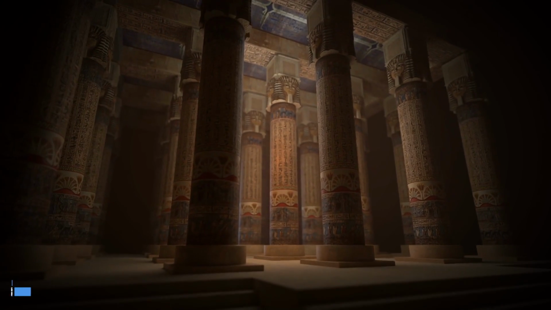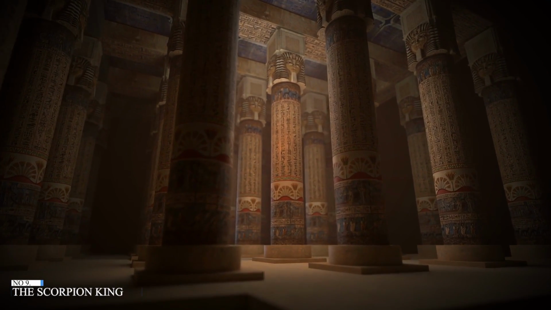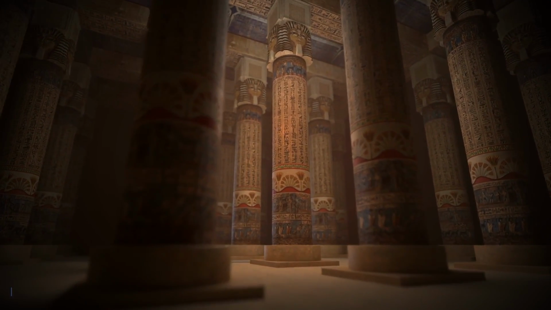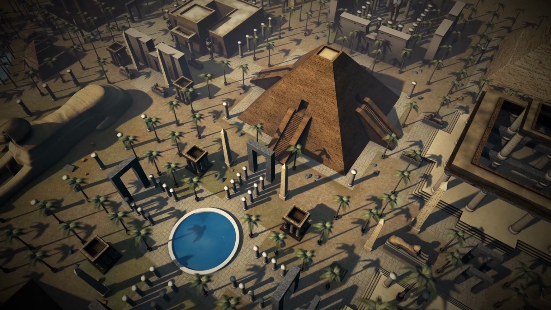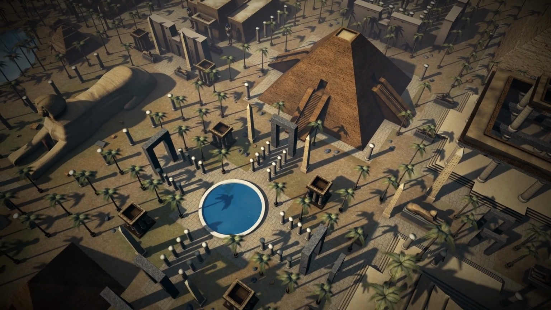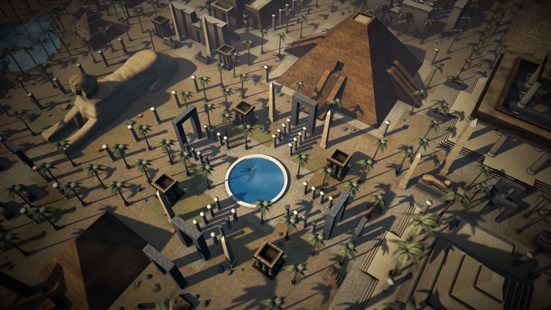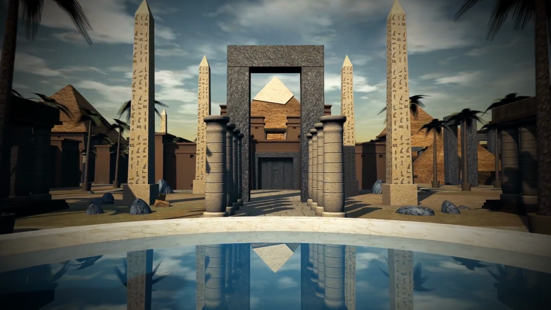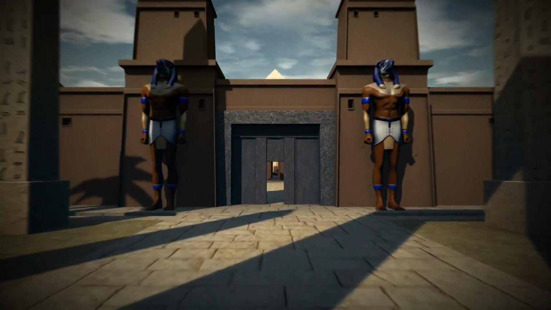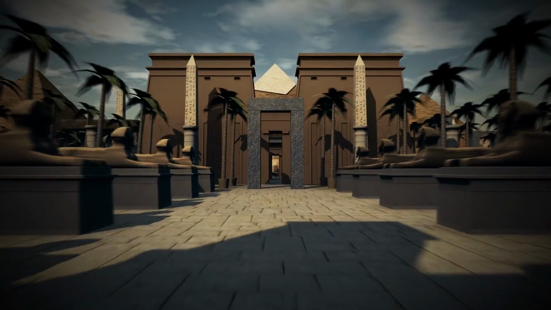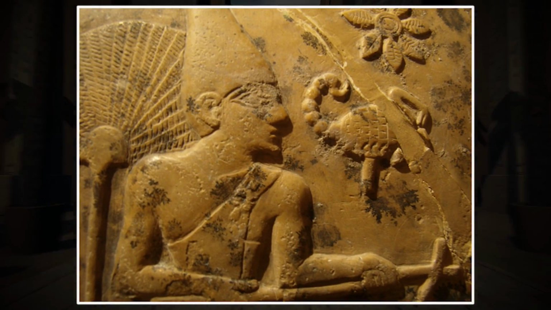Number 9. The Scorpion King. The ancient Egyptians established 2 main kingdoms around 3400 BC. The Lower Kingdom at the northern mouth of the Nile, called Lower because the Nile flows down from the south, and the Upper Kingdom in the southern desert lands. During this era, a king from the Upper Kingdom arose whose name was known only as Scorpion.